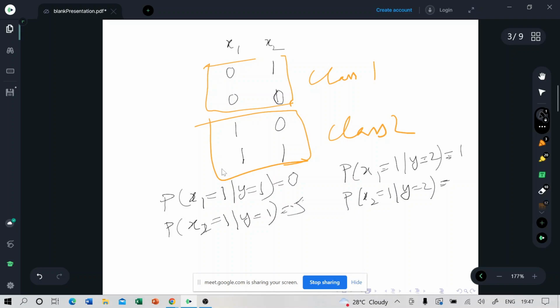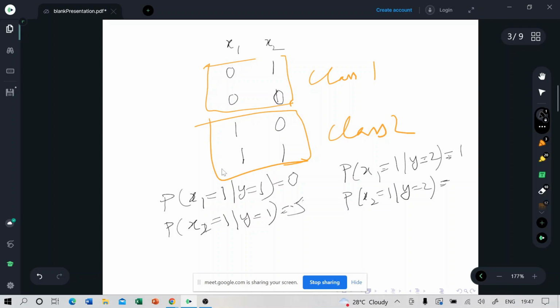It can be compared well even if we take the log of both sides. If probability of y1 given x is greater than probability of y2 given x, then it must also hold that log of probability of y1 given x is greater than log of probability of y2 given x, and vice versa.